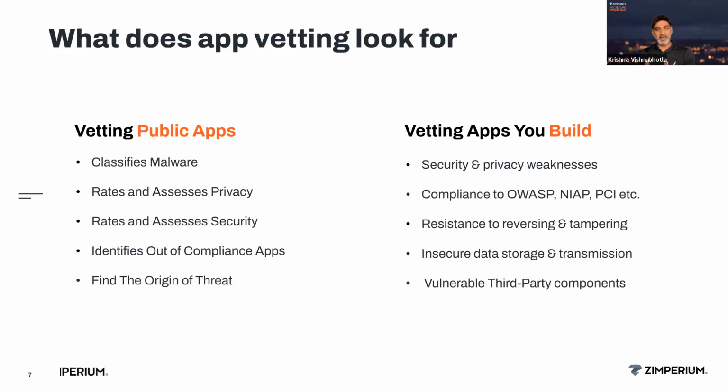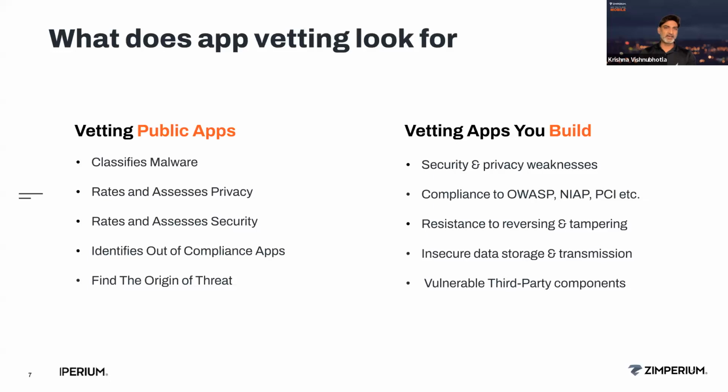So for apps that you develop, we're able to look at things way beyond just security and privacy. We can say, have you built your app in a way that's resistant to somebody else tampering with it? What if there was malware next to your app? Could it compromise your app? We're able to go down to that level. The reason we put both of these things here is that the audiences for both types of app vetting are different.